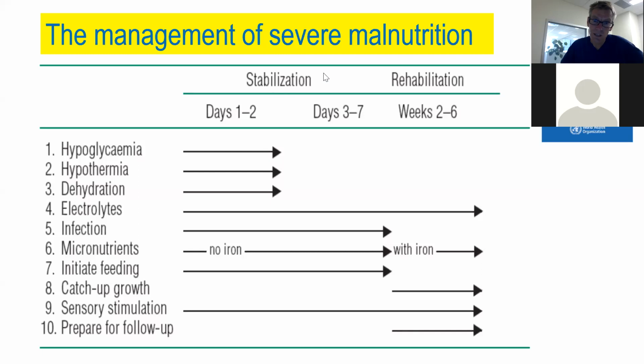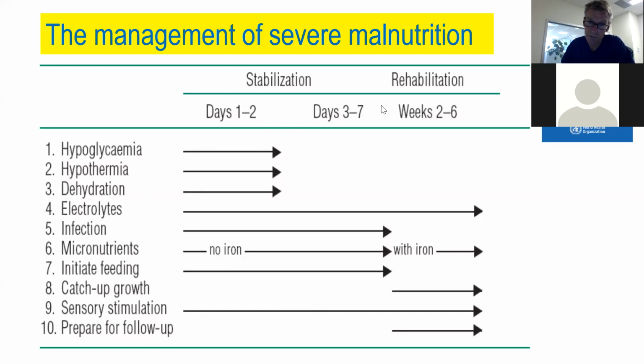So there's a stabilization phase where you need to be considering all of these treatments: the prevention of hypoglycemia, the prevention of hypothermia, the correction of dehydration, the replacement of electrolytes, the treatment of infection if it exists, the giving of micronutrients, initiation of feeding, very important in the first few hours of treatment, and sensory stimulation.